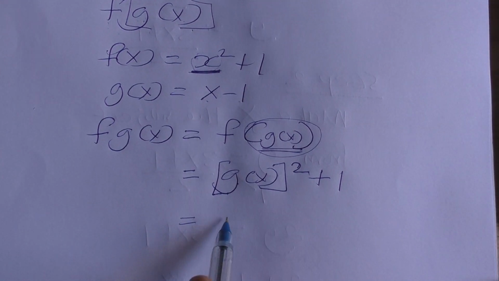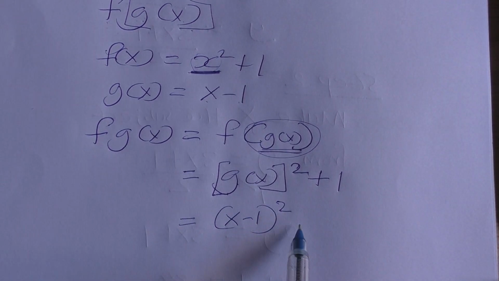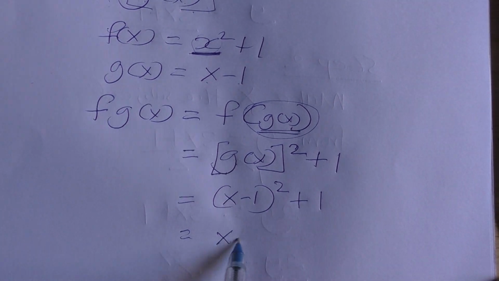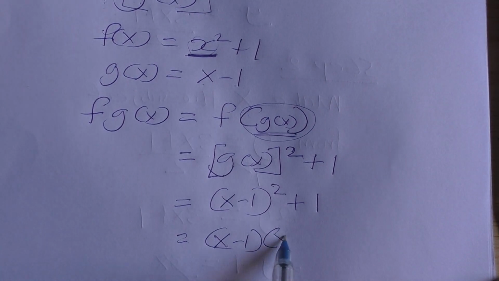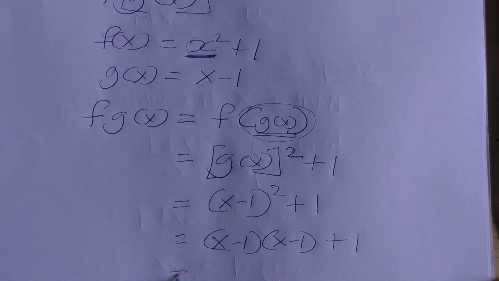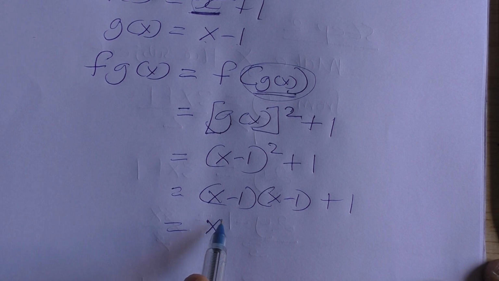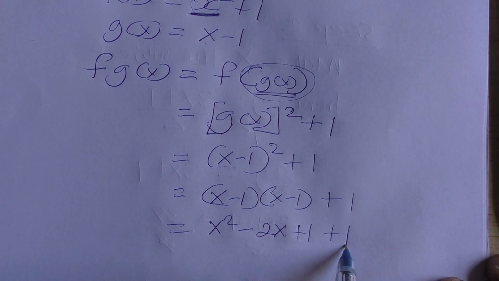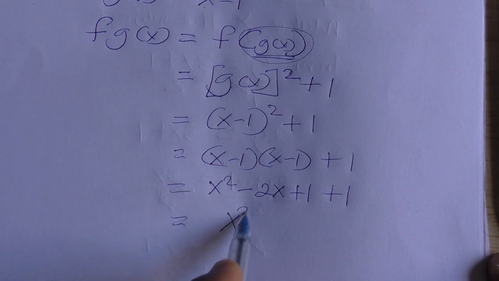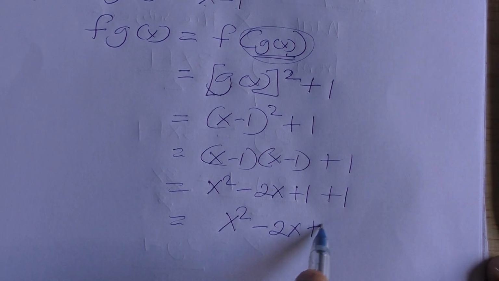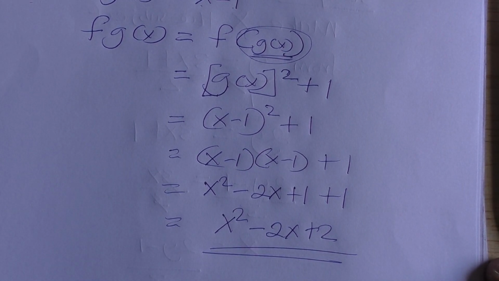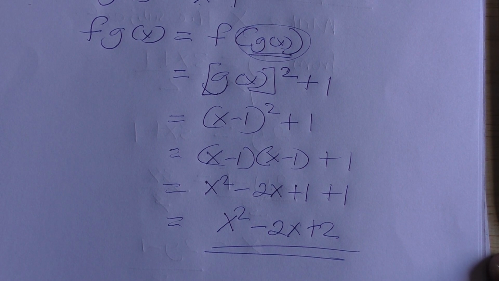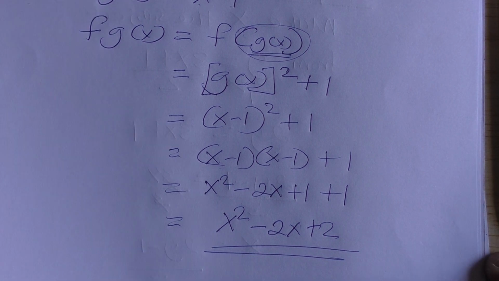Therefore, we shall have x minus 1 squared plus 1, and when you expand this, you get x squared minus 2x plus 1 plus 1, which is x squared minus 2x plus 2. So this is fg of x.